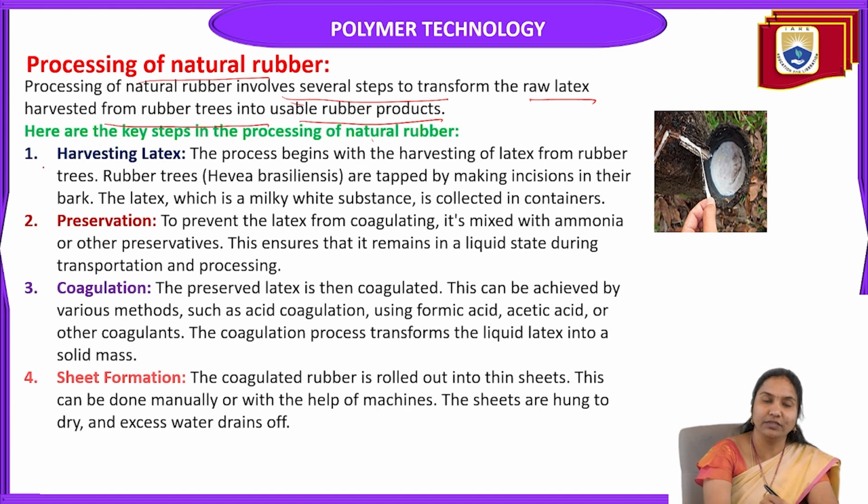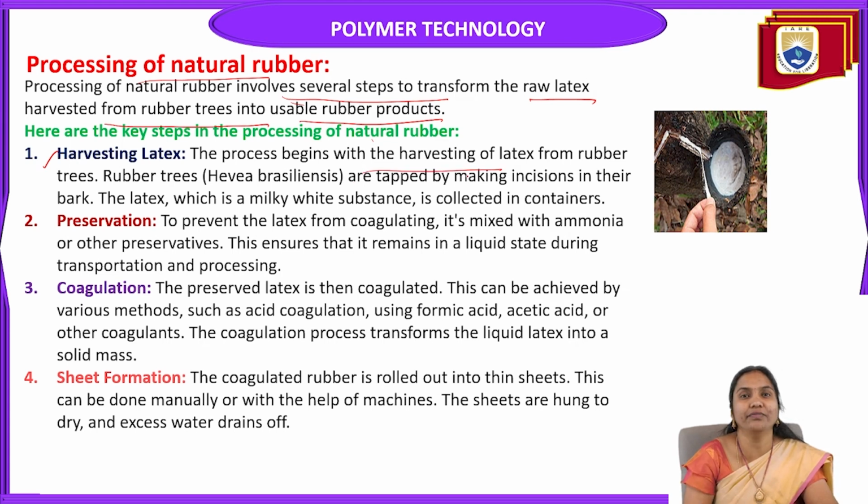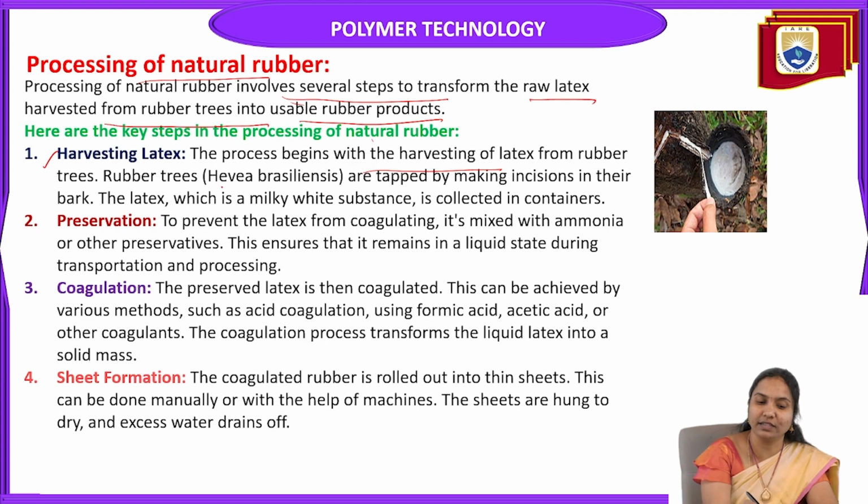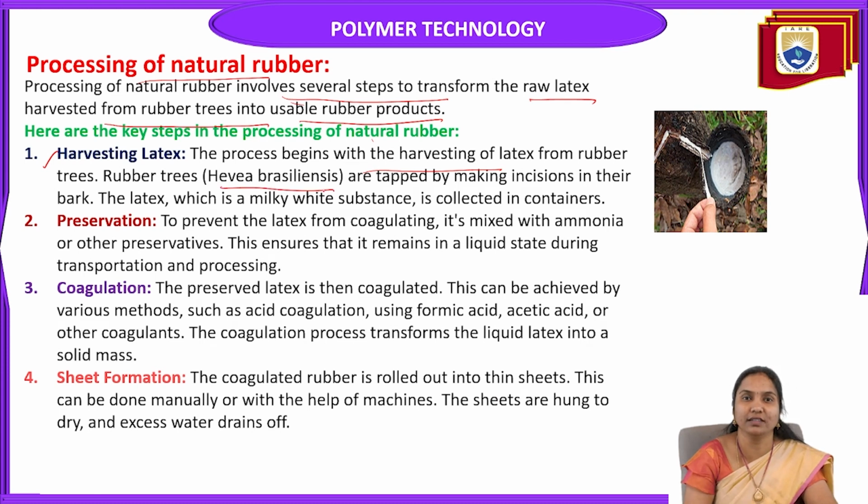The first step is harvesting latex. We collect the latex from the trees. The process begins with harvesting latex from rubber trees, for example Hevea brasiliensis, which are tapped by making incisions in their bark.